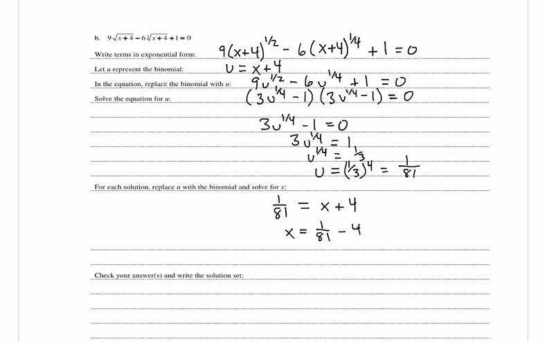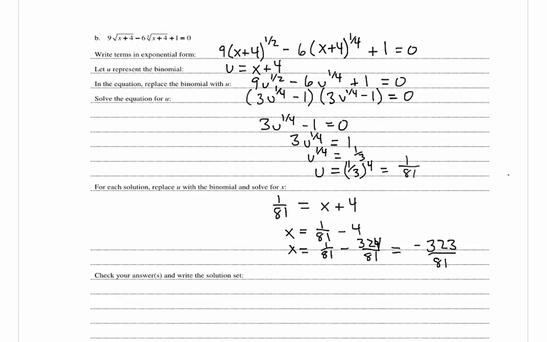If we write 4 with a denominator of 81, we have x = 1/81 - 324/81, which is equal to -323/81.